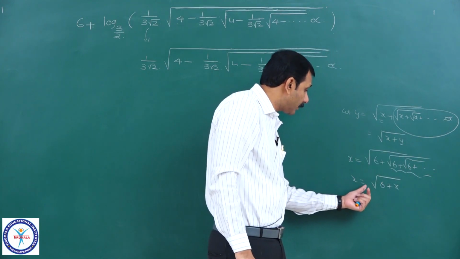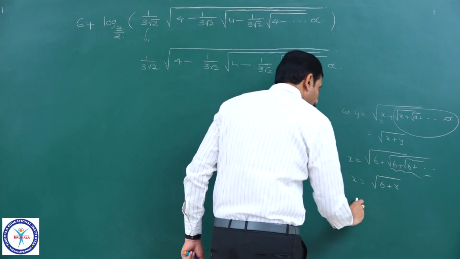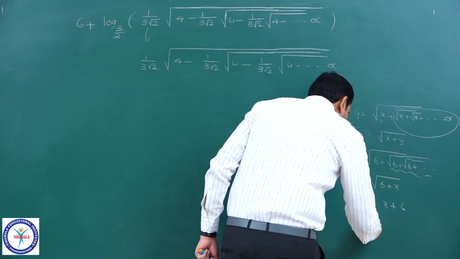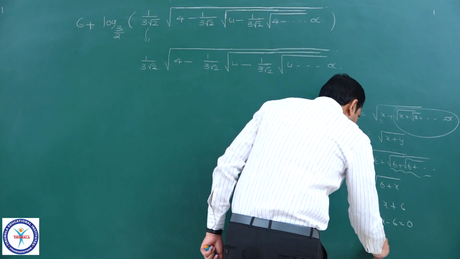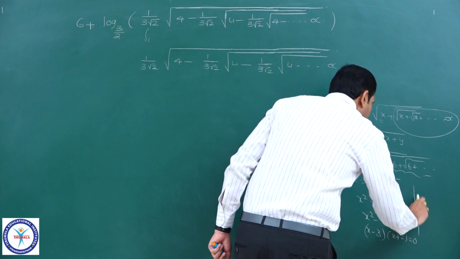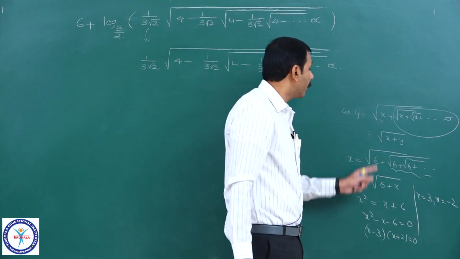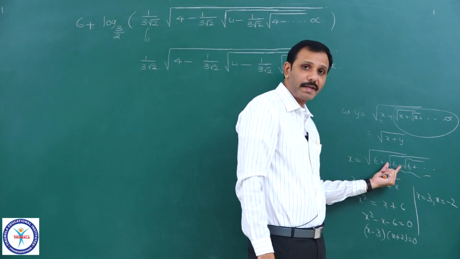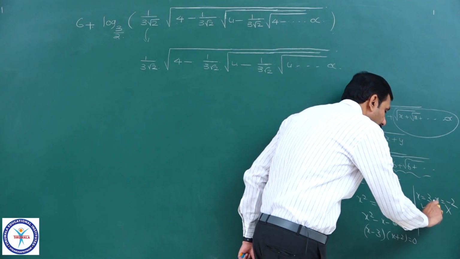To find the value, squaring on both sides, x square equal to x plus 6, or x square minus x minus 6 equal to 0. It is x minus 3 into x plus 2 equal to 0. Therefore, x equal to 3, x equal to minus 2 we got. But of course, it is a square root, so a positive real number. It cannot be negative, therefore x not equal to minus 2, x equal to 3.